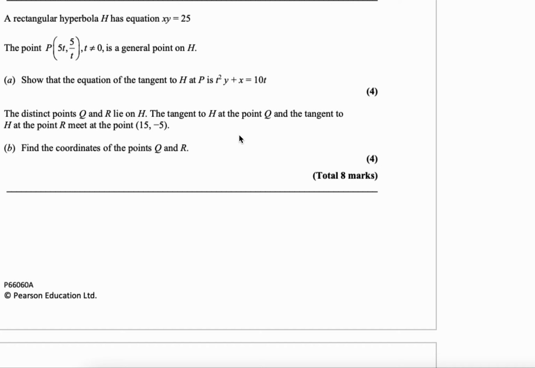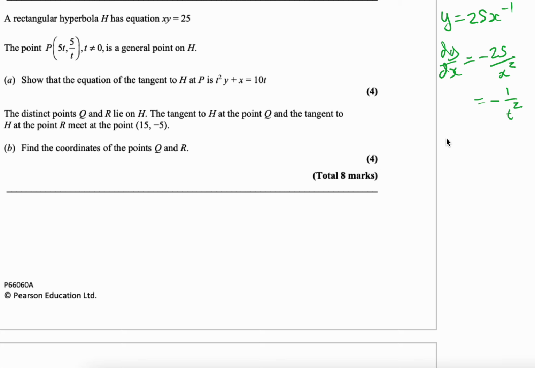Use y equals 25 over x, then you differentiate. So y equals 25x to the minus 1, so dy by dx is minus 25 over x squared. And x, you know, is 5t, so minus 1 over t squared.